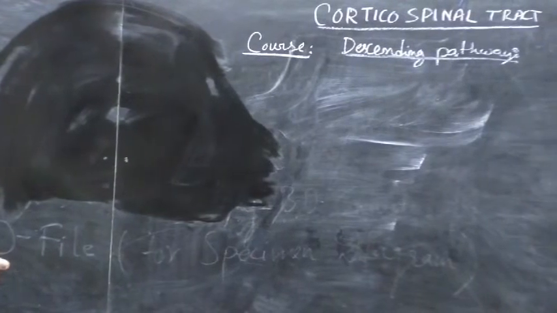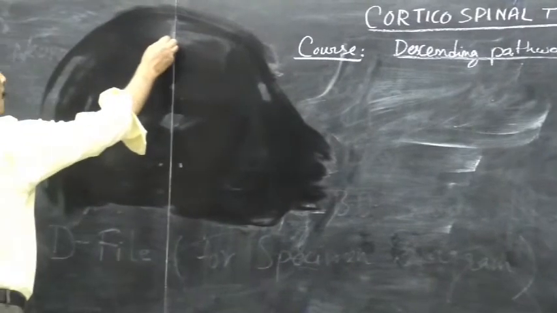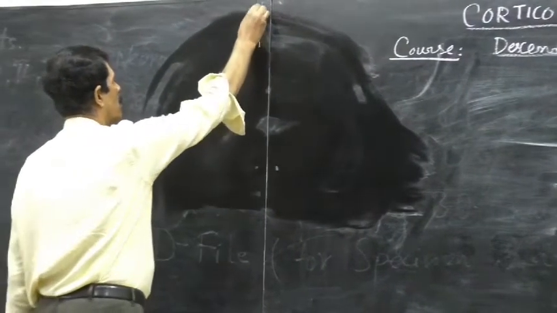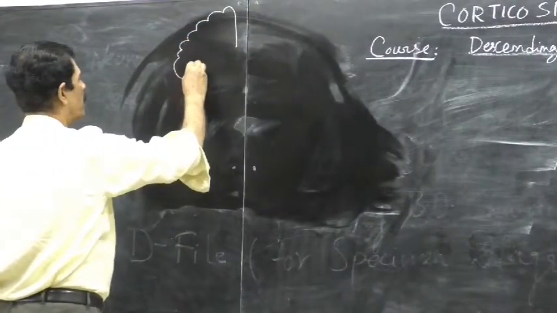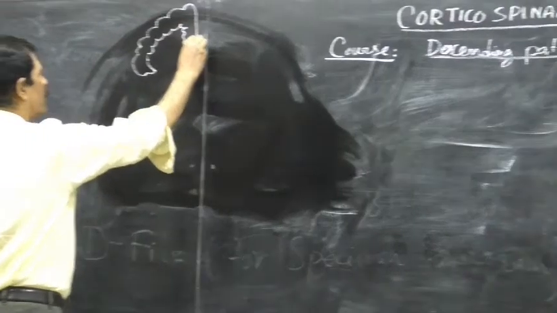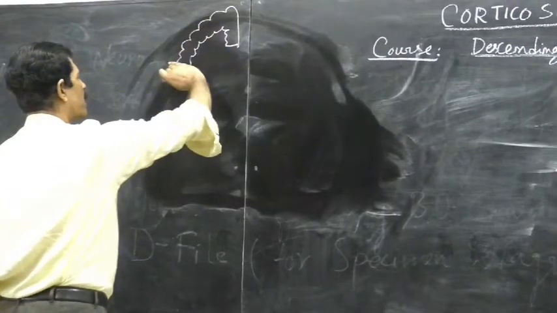So this is the coronal section of the precentral gyrus. This is the medial surface, this is the superolateral surface, which is continuous.